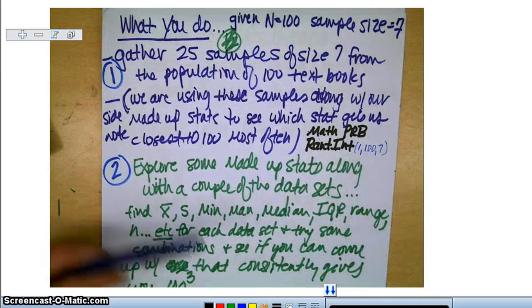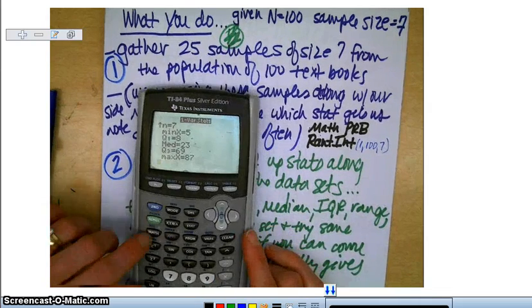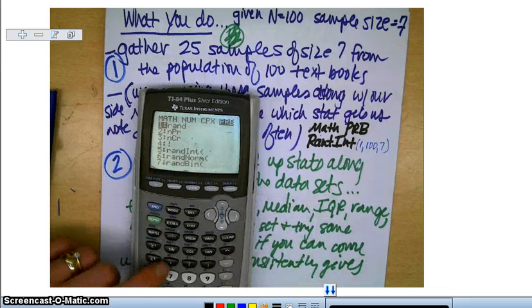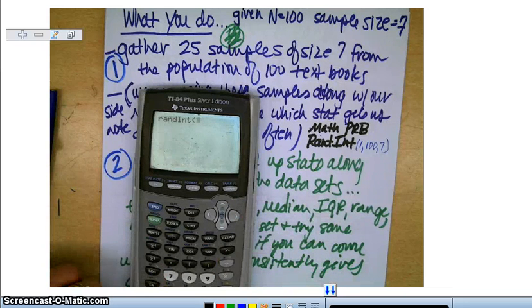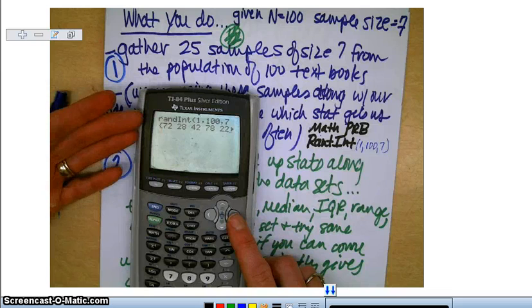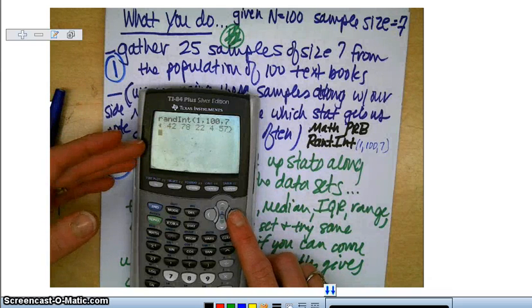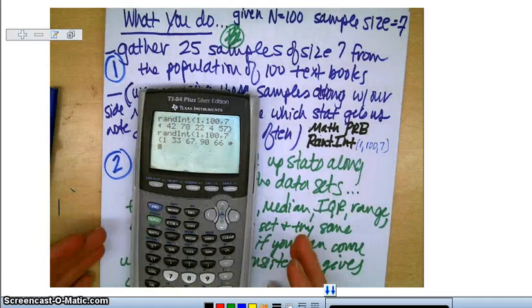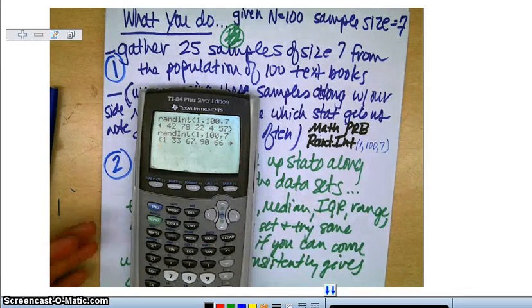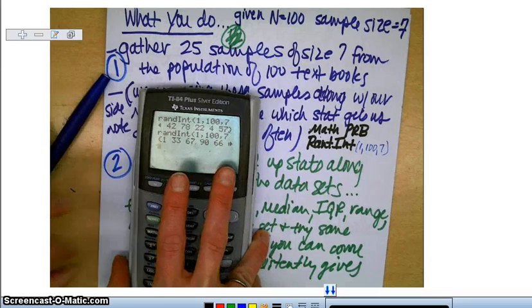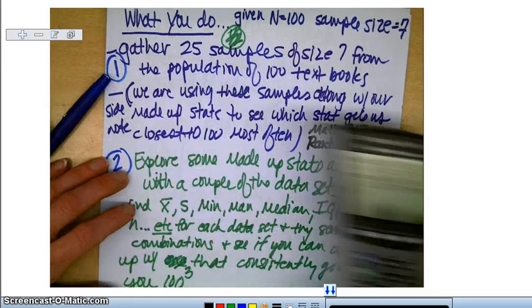You can just keep hitting enter, and it'll keep giving them to you. Then you can go back and enter each of them in list 1 and write down the stats. It's a little tedious, but that's what we statisticians do to get our data.